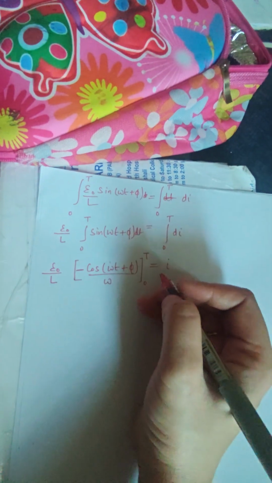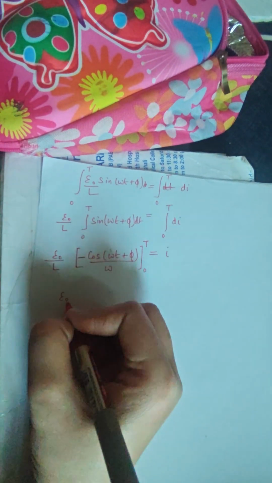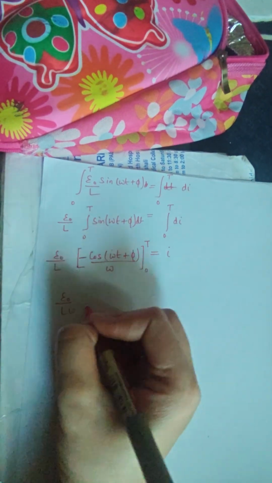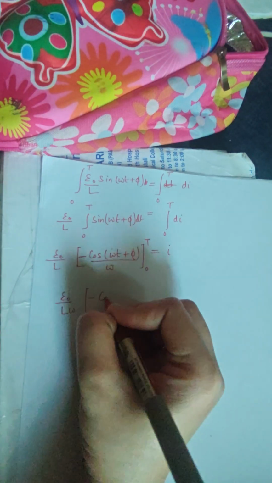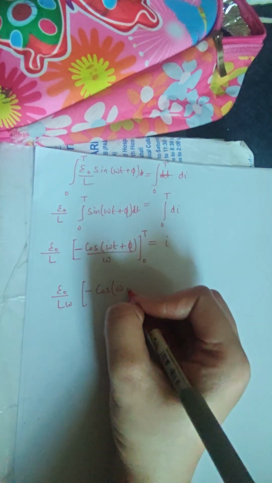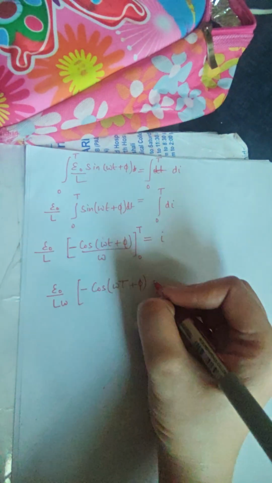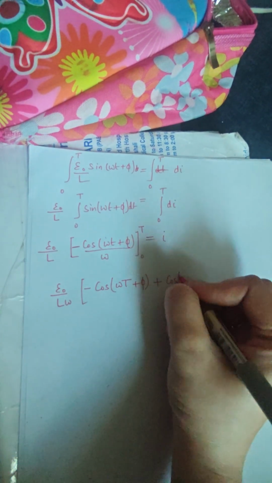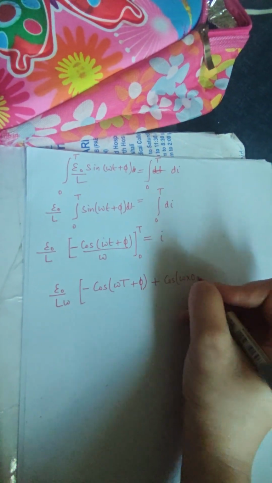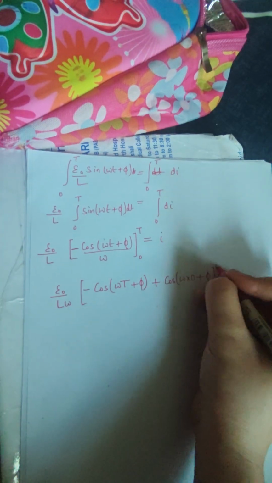Yeah, it would be minus cos. So let's put the values. It would be E naught upon L. This omega can come out. Let's put the values. Cos omega t plus phi minus plus cos omega into 0 plus phi. Yes, that is my I.